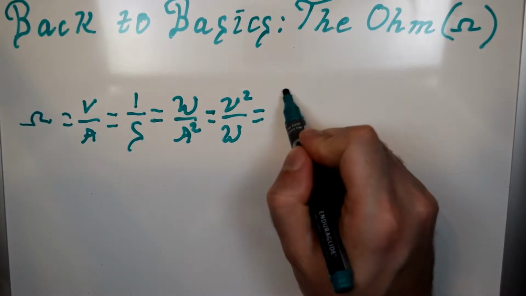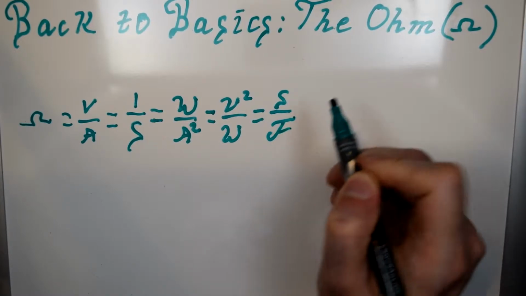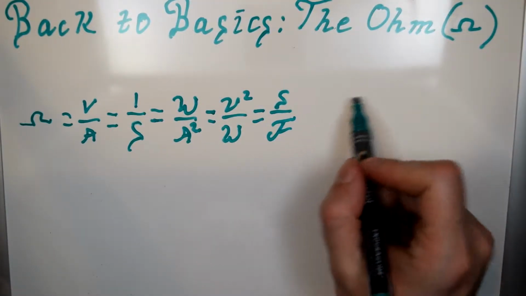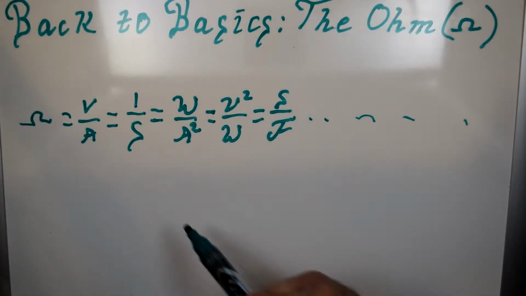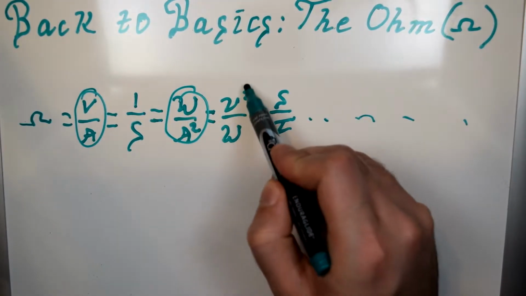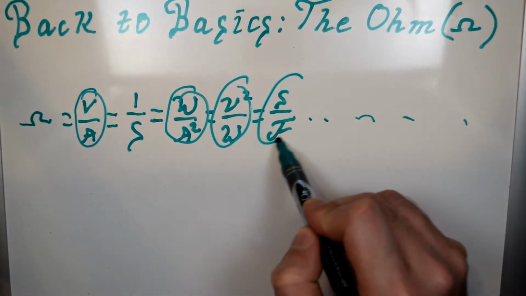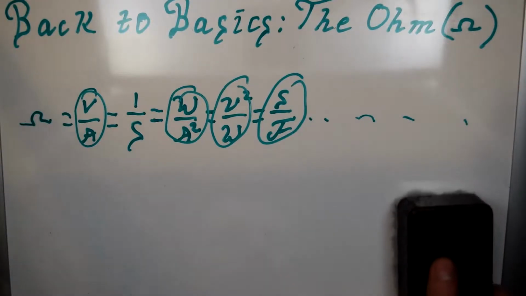We can say it's seconds measured over farads. And they get steadily weirder from here. But mainly the only ones you're ever going to worry about are this one, this one, this one, and maybe that one. If you need any stranger ways of measuring the ohm, it's available online. But we won't cover those here.